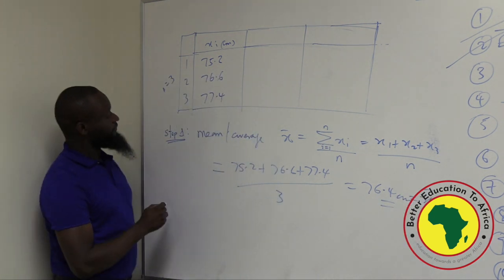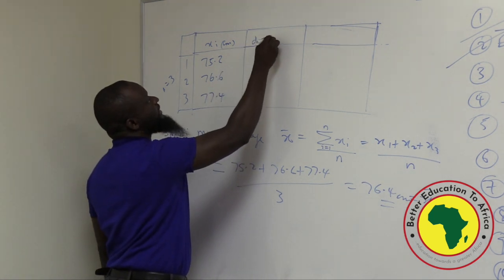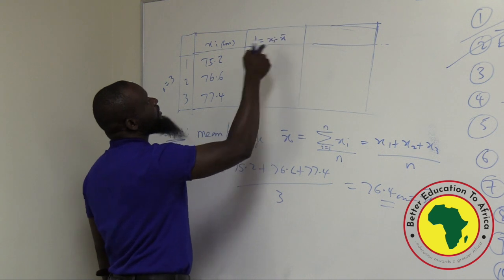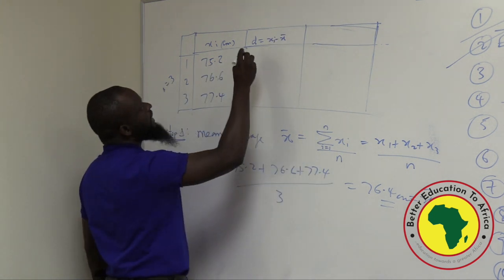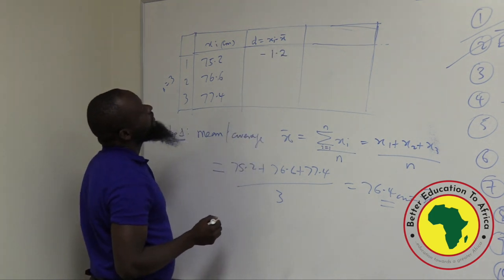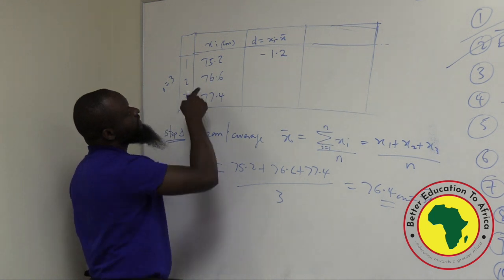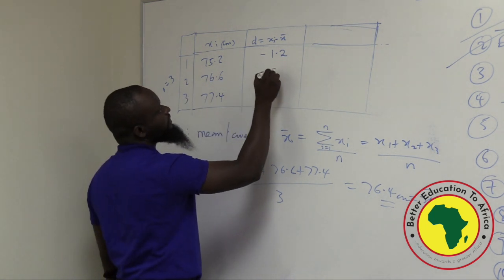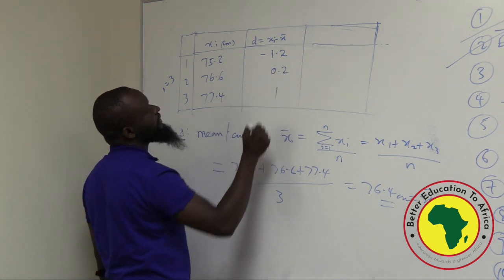After getting my mean, step 2 is to calculate what we call the deviation d, which is Xi minus x bar. I subtract the mean from each of these. 75.2 minus 76.4 gives me negative 1.2. 76.6 minus 76.4 gives me 0.2. 77.4 minus 76.4 gives me 1.